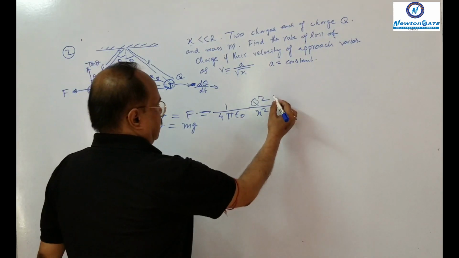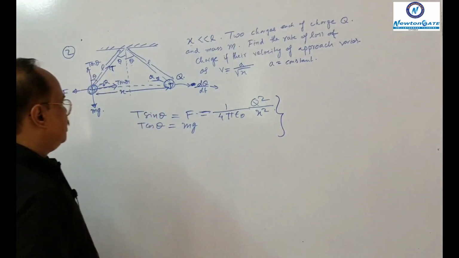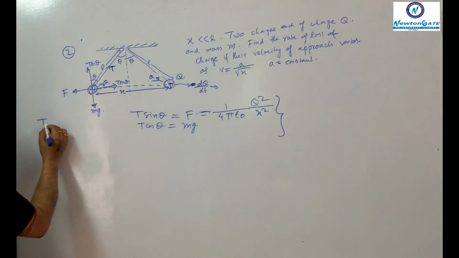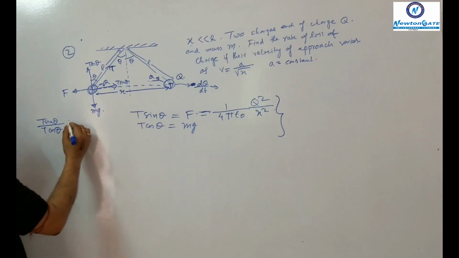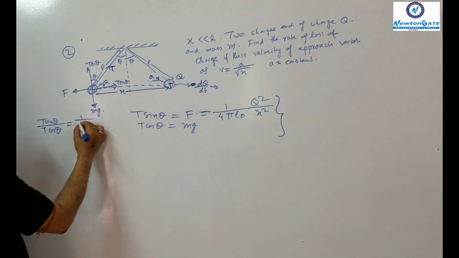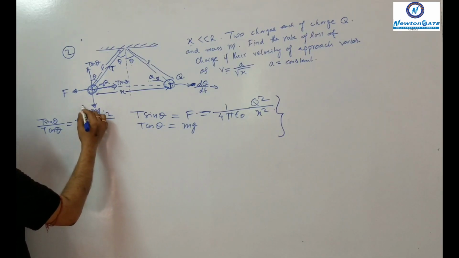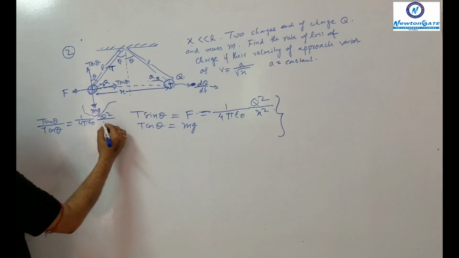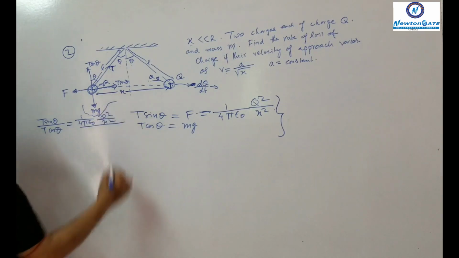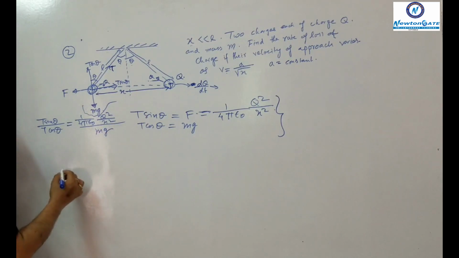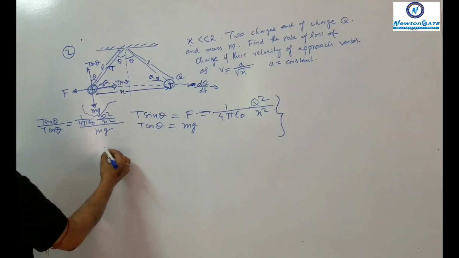Now if I combine these two equations, you will get T sine theta divided by T cos theta is equal to 1 by 4 pi epsilon naught into q square divided by x square, divided by mg. This is why we can say this is tan theta.